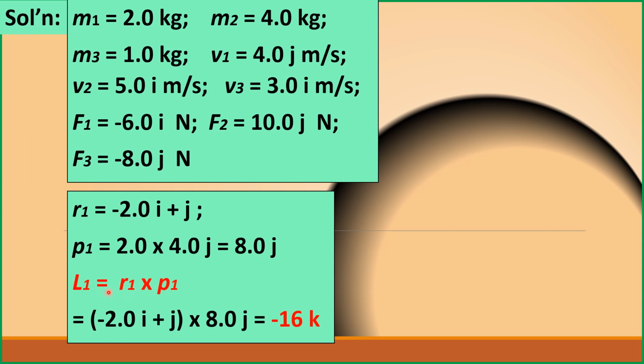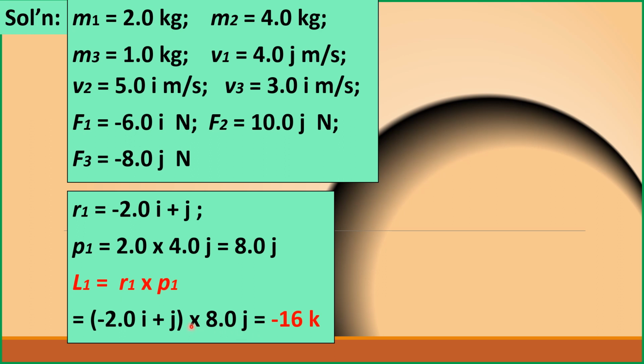All right, so this formula again requires vector multiplication. Substituting first, r1 is equal to negative 2.0i plus j, while linear momentum p1 is 8.0j.